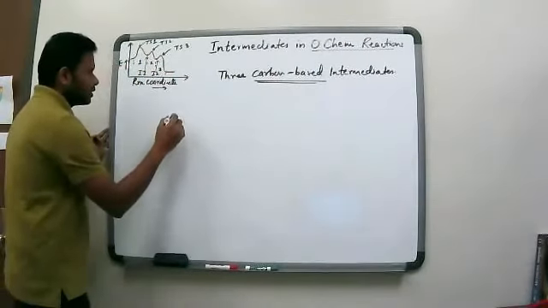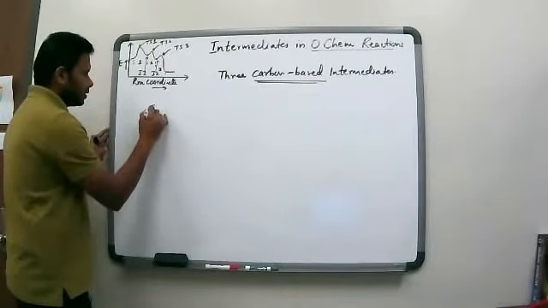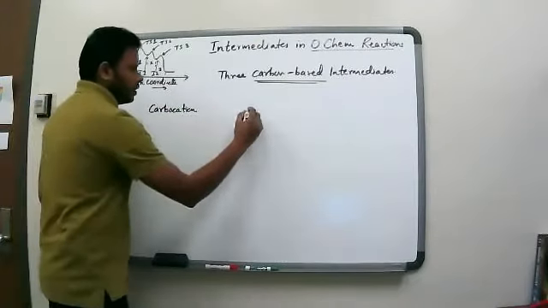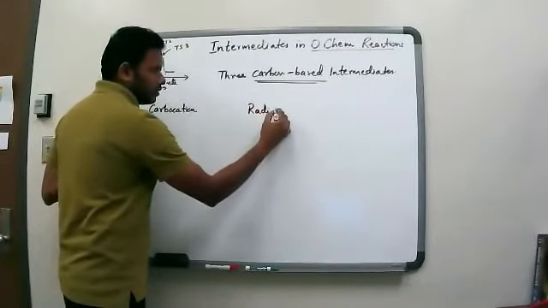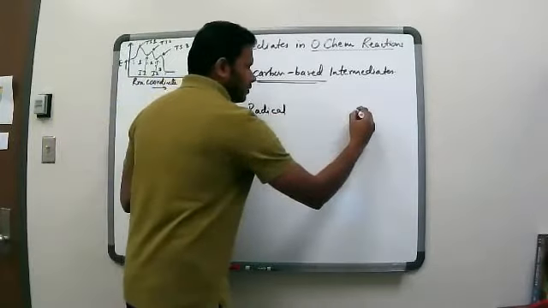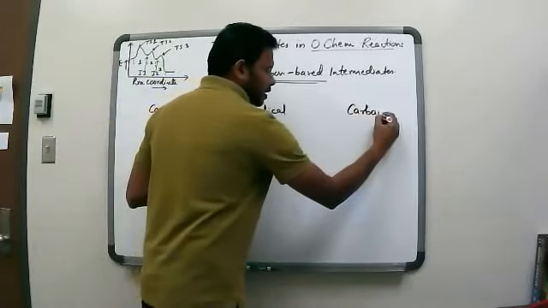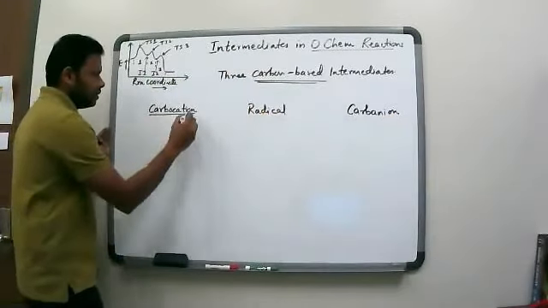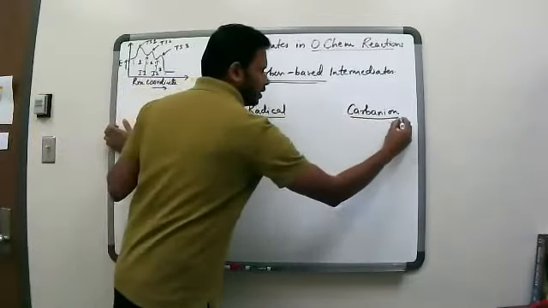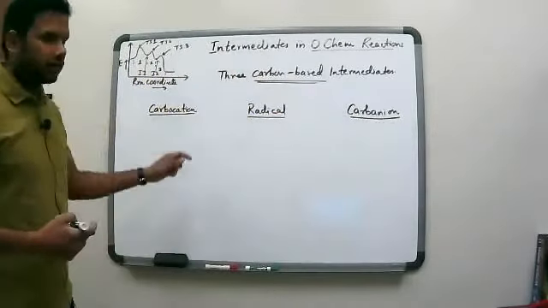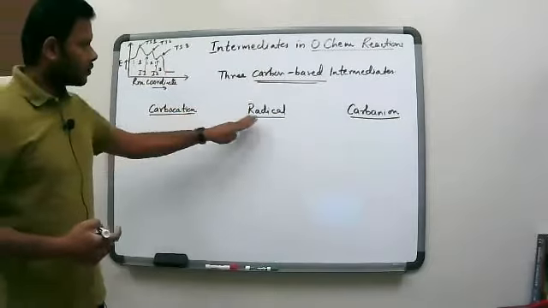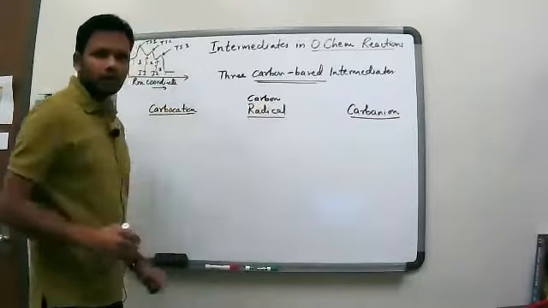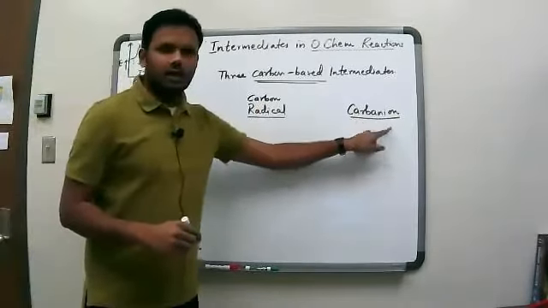The first kind of intermediate is a carbocation, and then we have a radical, and then we have a carbanion. These are the three intermediates that are most common in the reactions that we will be seeing. So we have a carbocation, a radical, which we can make specific and call a carbon radical, and a carbanion.